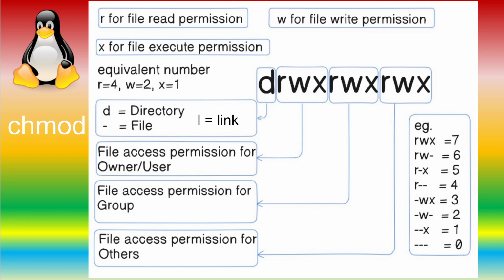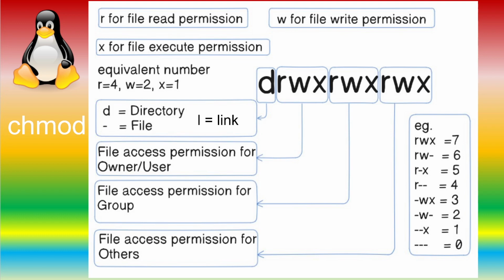If another one has R-- and its equivalent value 4, that means it has only read permission. If it has -WX or equivalent value 3, that means it has write permission and execute permission.